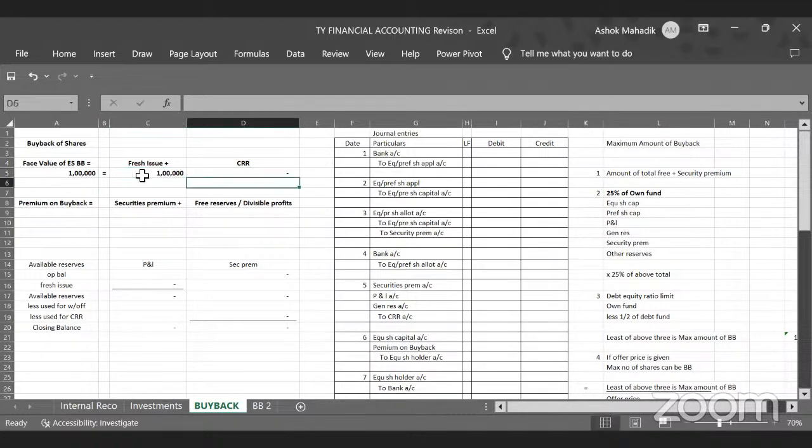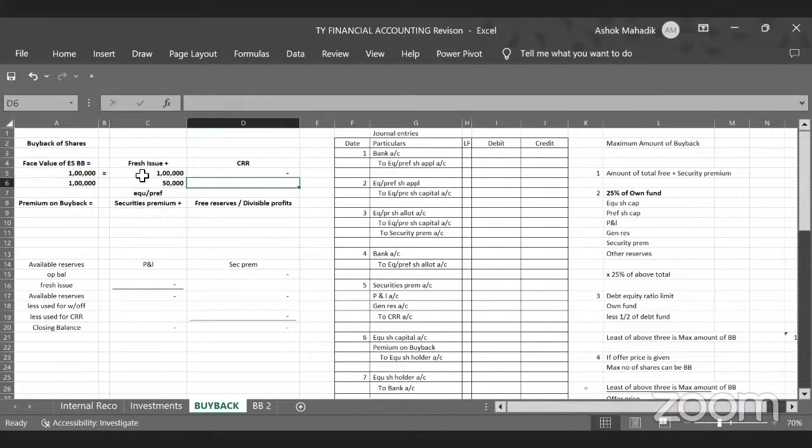So your buyback is 1 lakh and you are making a fresh issue of 1 lakh. Otherwise, against buyback of 1 lakh equity shares, you can make a fresh issue of 50,000 shares. It can be equity or preference, both are allowed, but you can't issue debentures as a fresh issue.